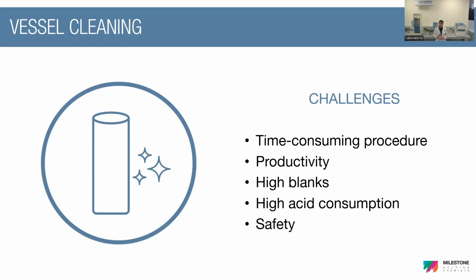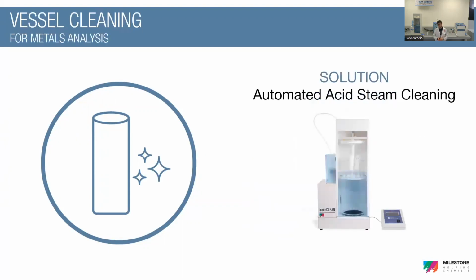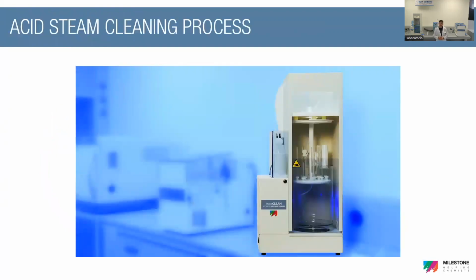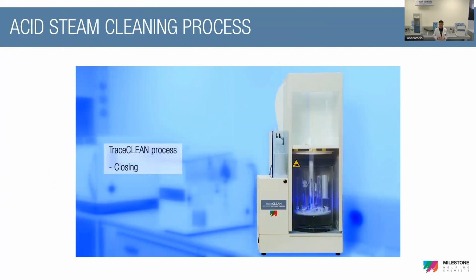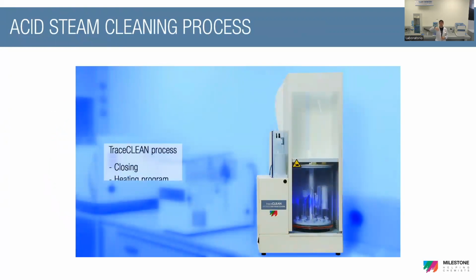That's why Milestone has the right solution for cleaning to overcome all these limitations, which is automated acid steam cleaning. Automated acid steam cleaning is based on using acid, usually nitric acid, which is placed on the bottom of a dedicated container, while the glassware to be cleaned, to be decontaminated, is placed on the top.